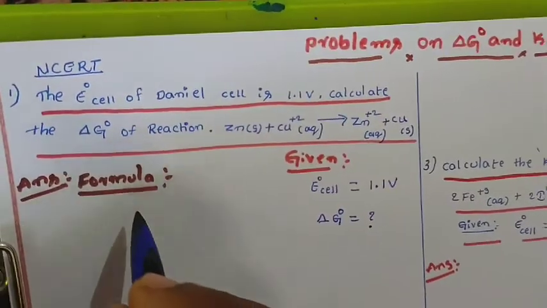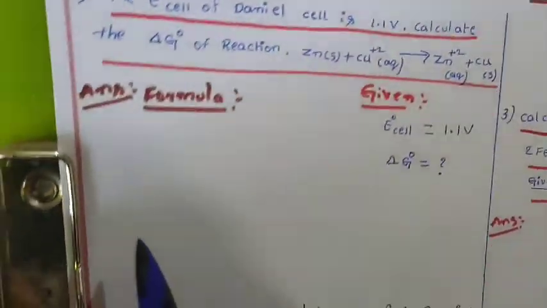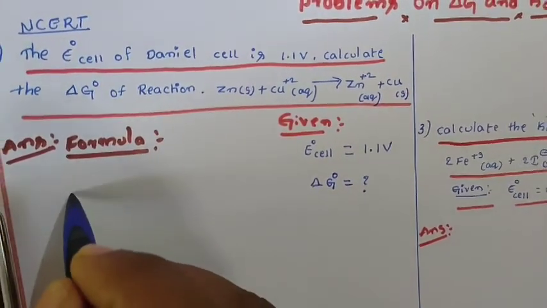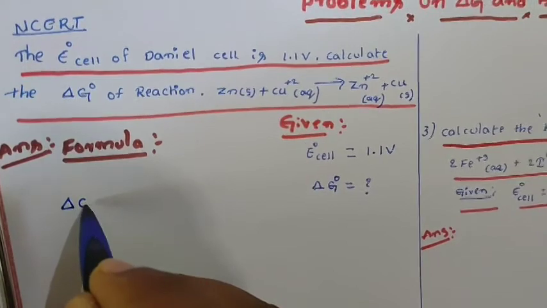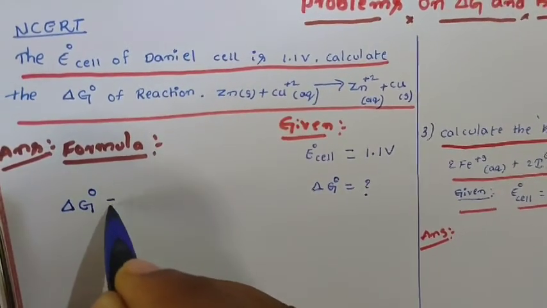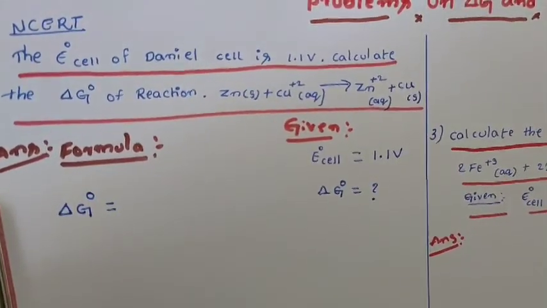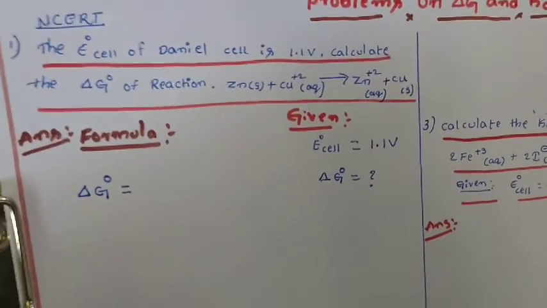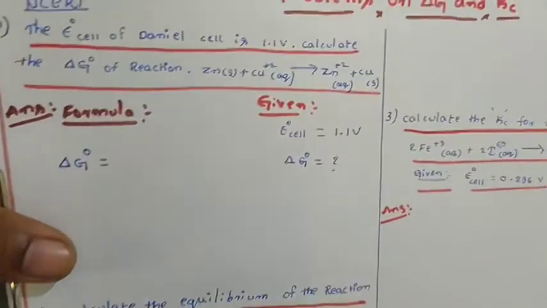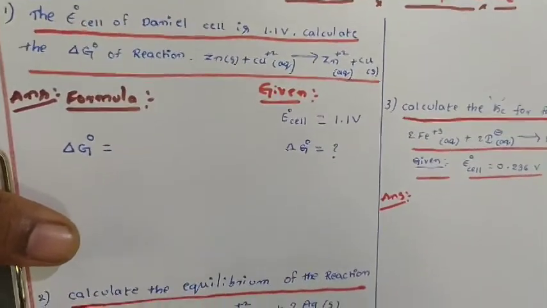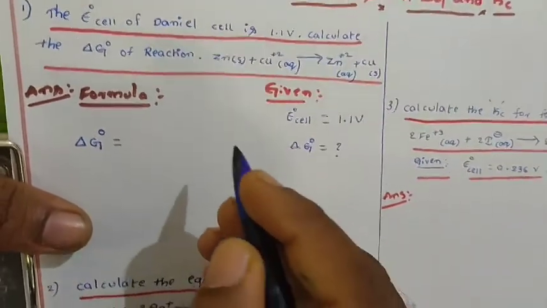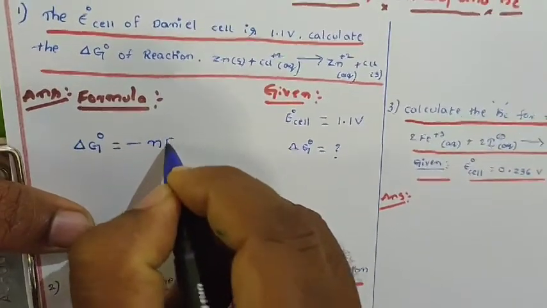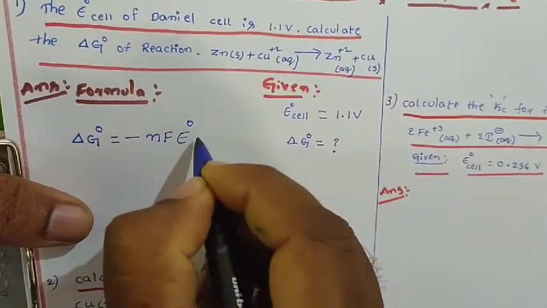Now, yesterday only we discussed the formula. The formula to calculate the delta G naught is delta G naught is equal to minus nF E naught cell.